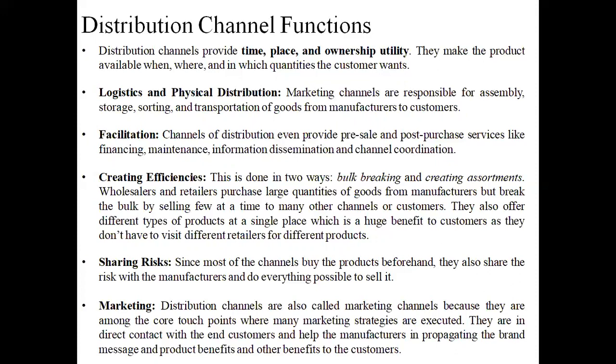Wholesalers and retailers purchase large quantities of goods from manufacturers and further sell small quantities to other channels or to the customers. Risks they share, obviously. When they own the product, the product may get damaged, or some kind of loss or natural calamity may occur. So they share the risk also. They also do marketing of the product through their own resources.